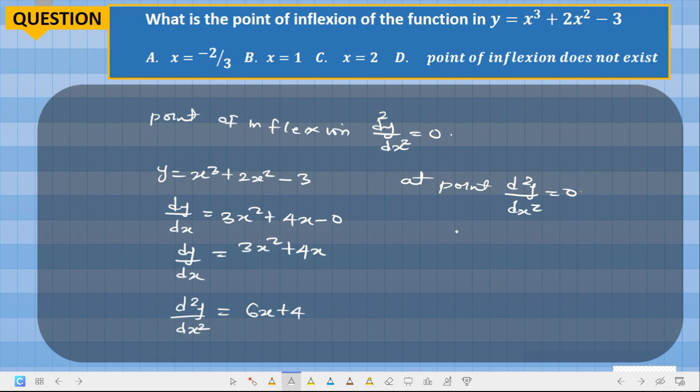So what's our d square y over ds square? 6s plus 4. That must be equal to 0. So your 6s, if 4 crosses to this side, becomes minus 4. Divide both sides by 6, and your s is equal to minus 2 over 3, because 2 going to here, 2 going to here, 3. And that is the answer to that question.